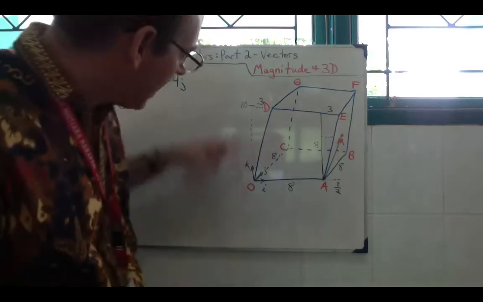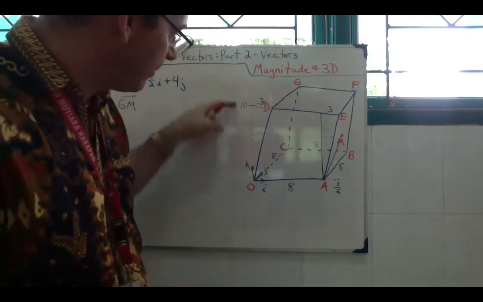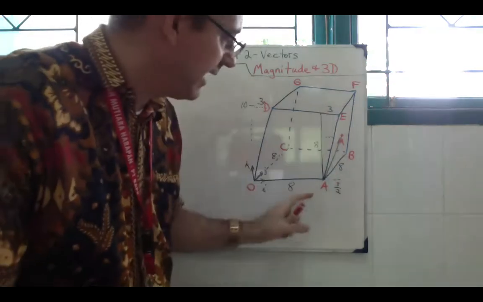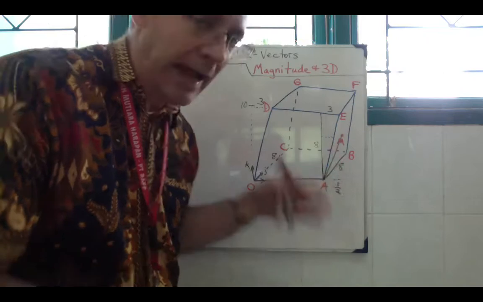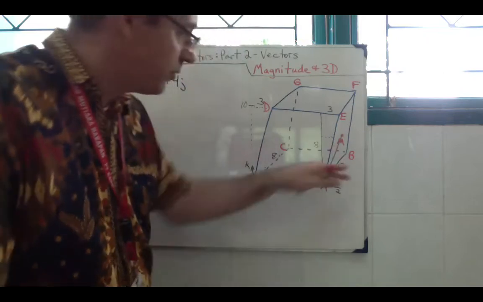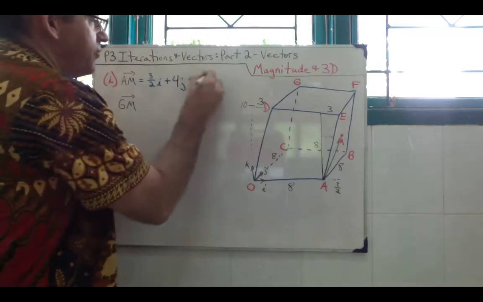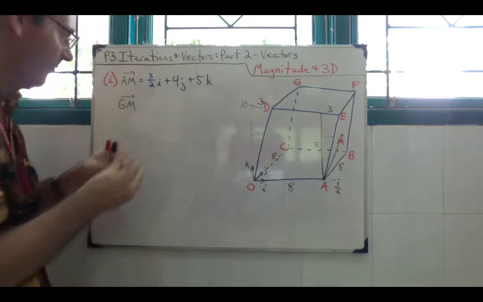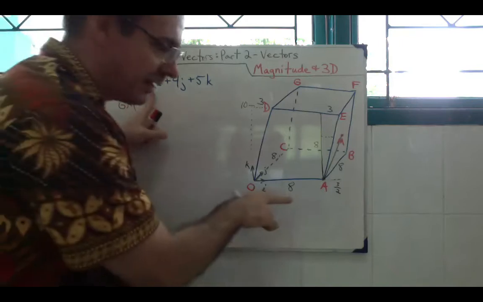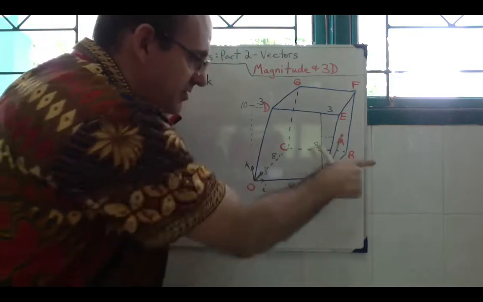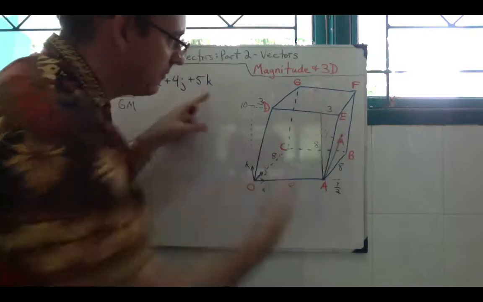And the height of this whole diagram is 10. And again, because it's the midpoint of this diagonal, it's also halfway up the height. So we have to go up 5 units. So 5K. Okay? So 3 halves I in the I direction, 4 in the J direction, and 5 in the K direction.